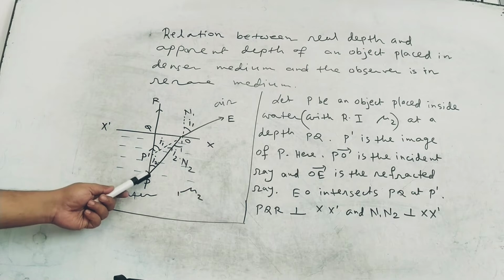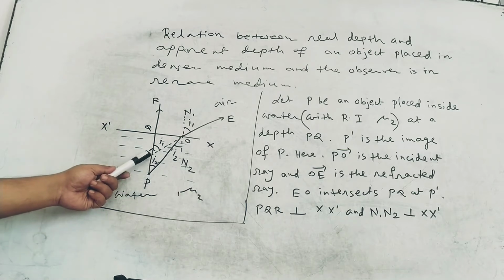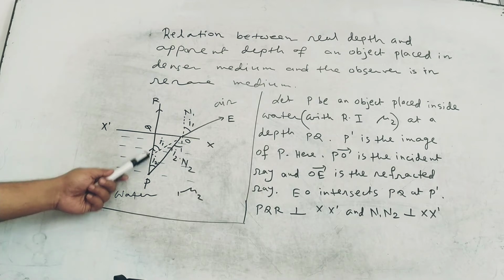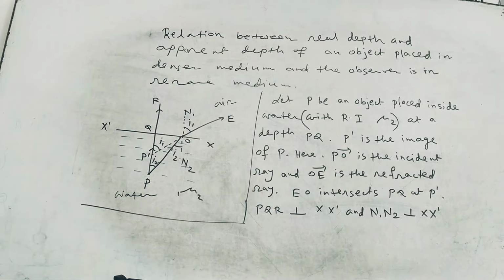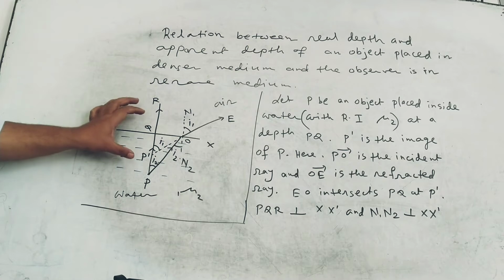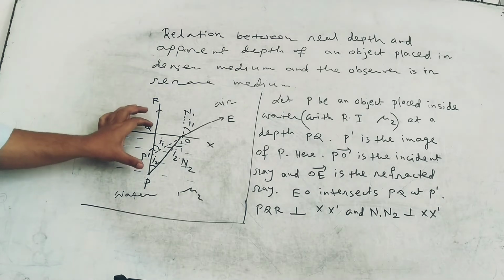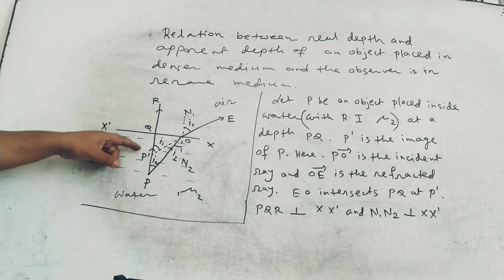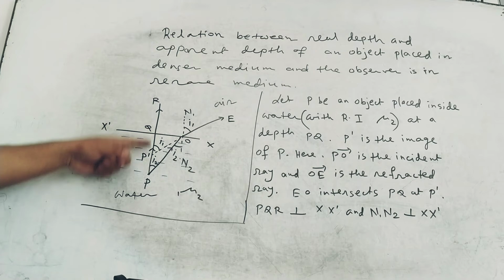Let P be the position of the coin, or P is the point object, and P prime is the image of P. Here real depth is PQ and apparent depth is P prime Q. Here the apparent depth is less than the real depth.